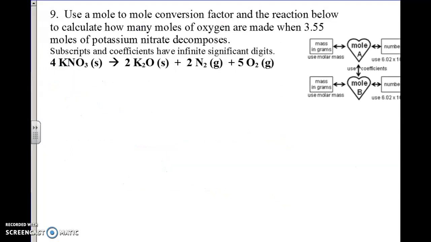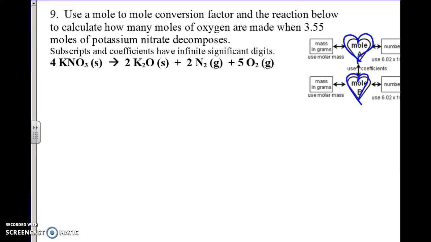Number 9. It says use a mole-to-mole conversion factor and the reaction below to calculate how many moles of oxygen are made when 3.55 moles of potassium nitrate decomposes. Again, subscripts and coefficients have infinite sig figs. So looking at the mole map, I am starting here with KNO3, and I am going to moles of oxygen.